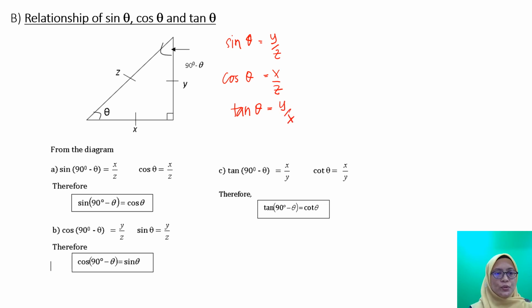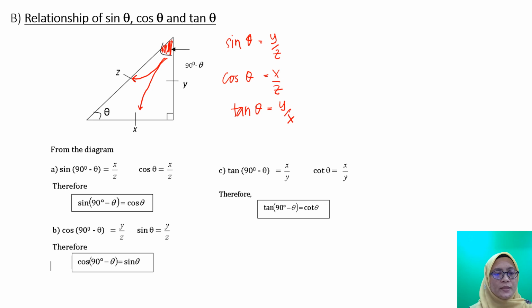Right, so now kita nak cari sin 90 minus theta. Okay, so kita nak refer kepada angle ni. So 90 minus theta, so kita ada sin 90 minus theta is opposite, is x, hypotenuse is z.